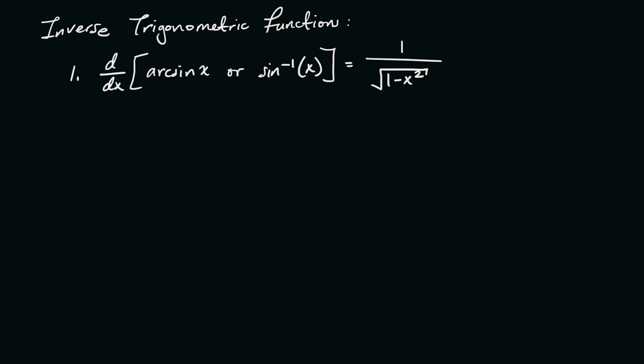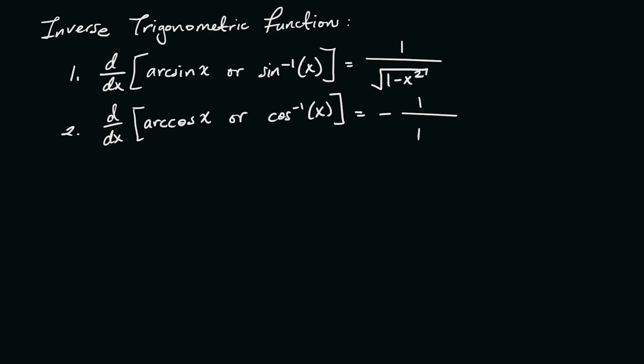Now, for our second one, we're going to do the inverse of cosine x. So the derivative of arc cosine x, or cosine -1 of x. As we've seen in the previous problem where it has the negative, it also applies here. So this will just equal -1 over the square root of 1 minus x squared.